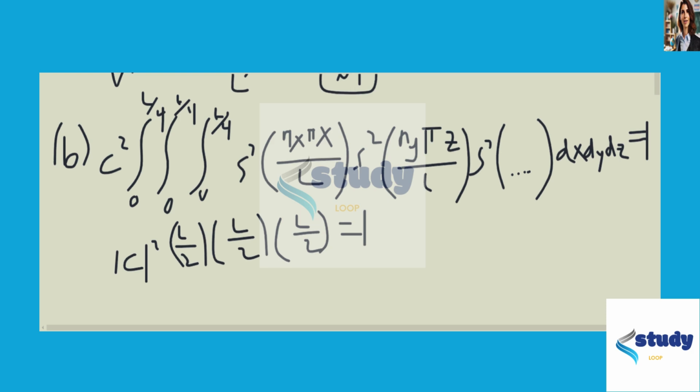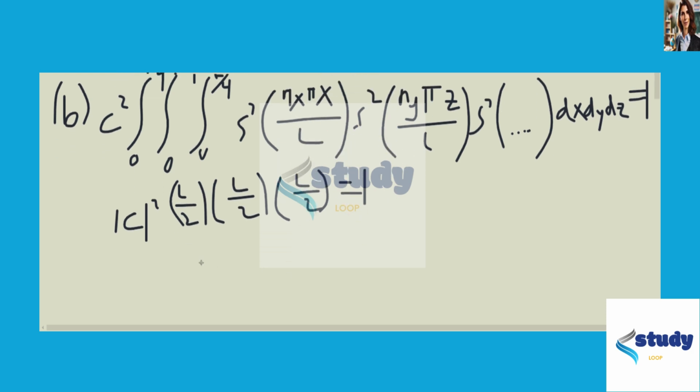So we find from that that c is equal to 2 over L to the 3 halves.